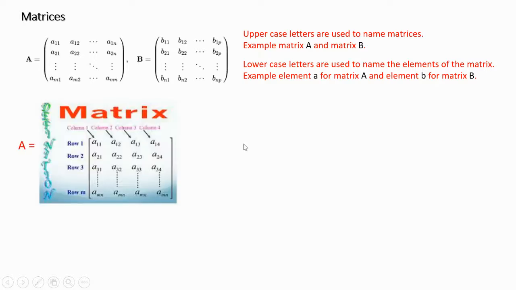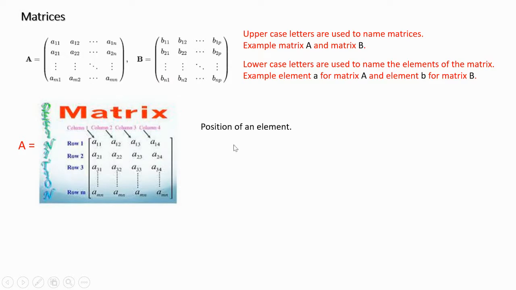Now, a matrix is described in rows times columns. That's the order: we count the rows, and then we count the columns.